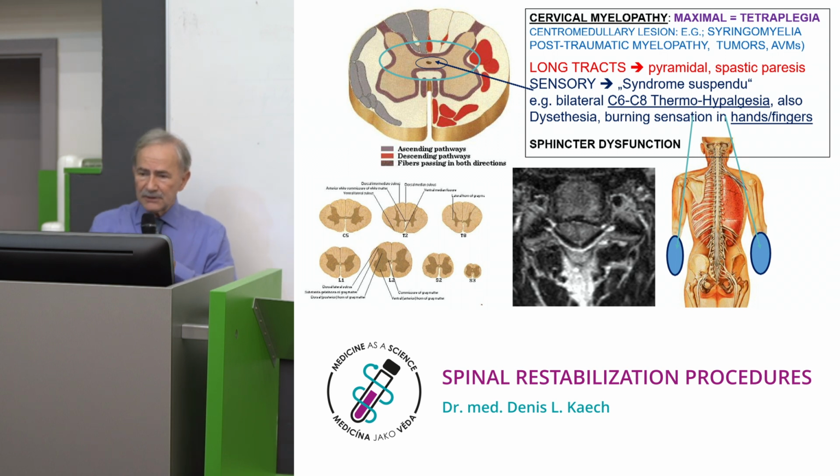So you will have what the French call syndrome suspendu. It's a hanged up syndrome. That means here you have dysesthesia, paresthesia, hypoesthesia, and some weakness maybe if it goes more laterally. You may have long tract signs like pyramidal signs when it affects the pyramidal tract.